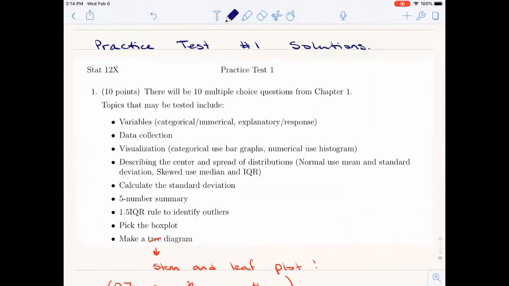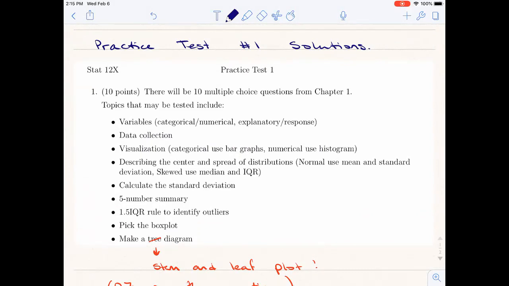So what I've done is it's going to be two parts, multiple choice and then long answers. So I'm telling you everything that I'm expecting you to know for each multiple choice section. So question 1 will be 10 multiple choice, just from all these things. Chapter 1 stuff.